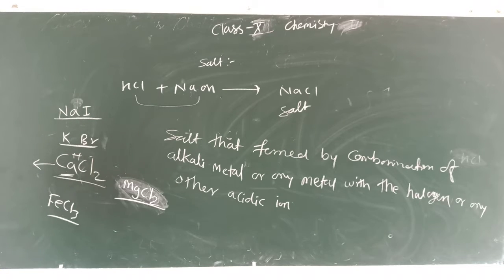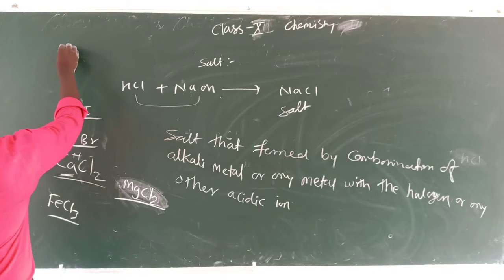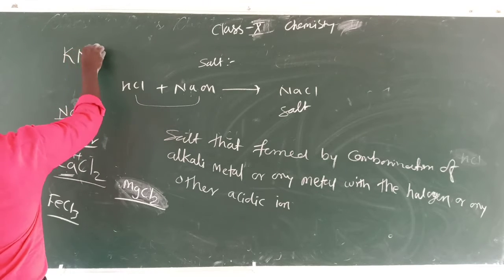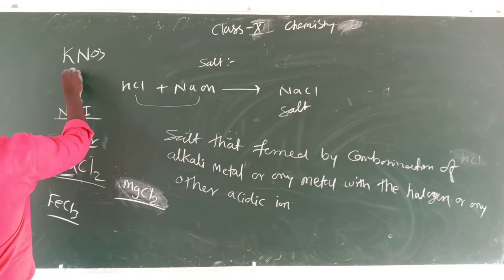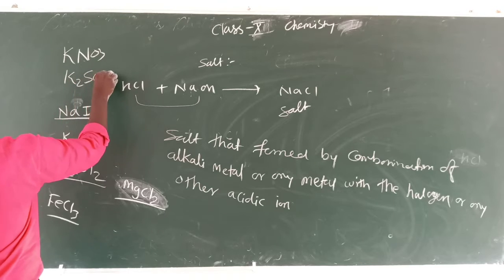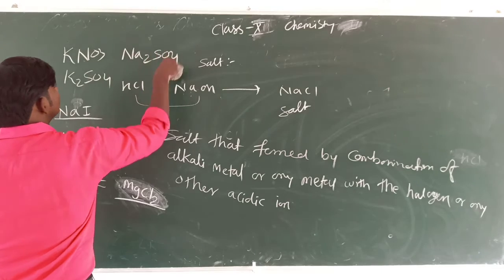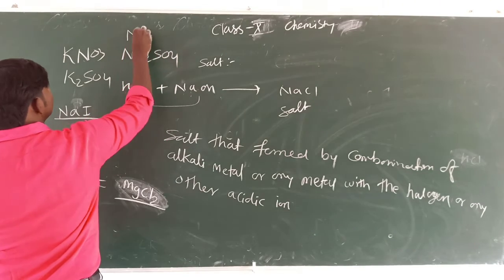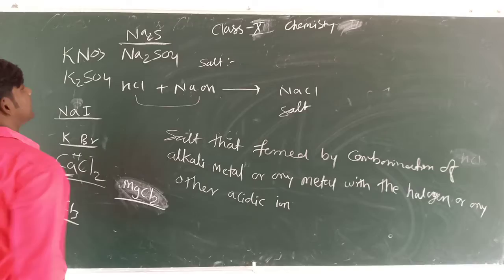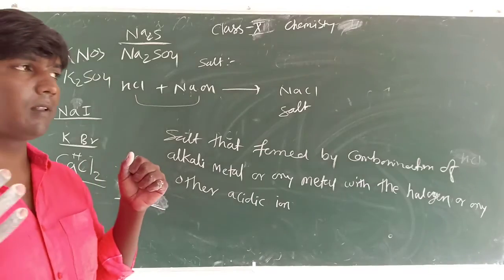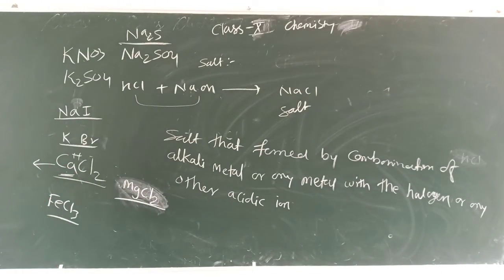Okay, we have some more salts like potassium nitrate, potassium sulfate, sodium sulfate, sodium sulfide, etc. We have so many examples of these salts.